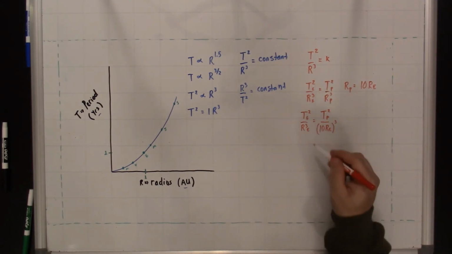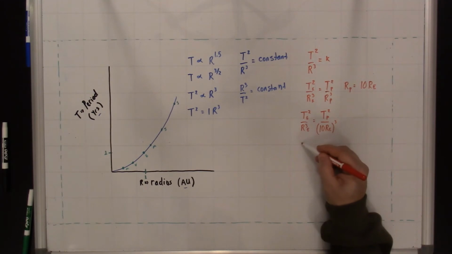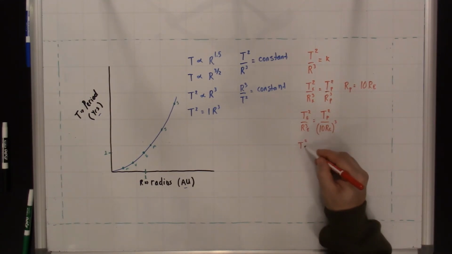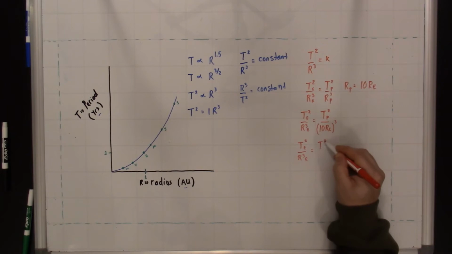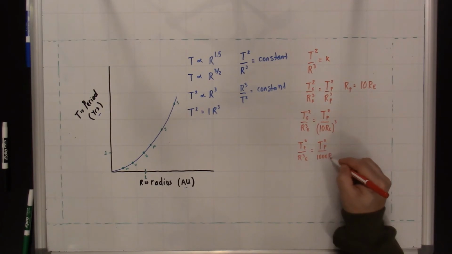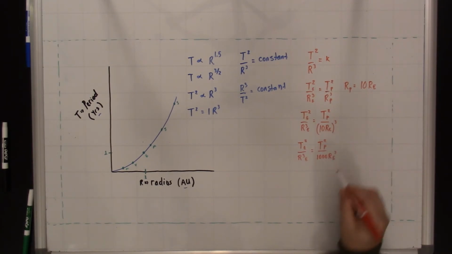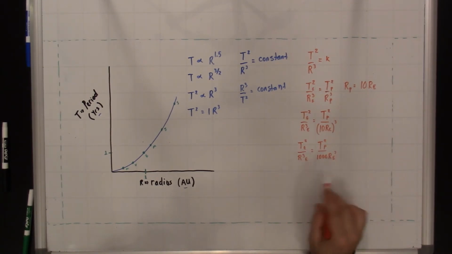And so, working with this a little farther, t squared Earth divided by r cubed Earth is equal to t squared for the new planet divided by 1,000 r Earth cubed. Now, these two things, obviously, are going to magically disappear. I'm going to multiply both sides by 1,000.